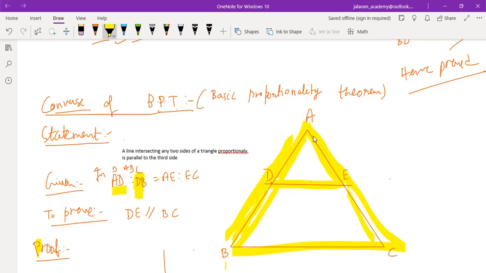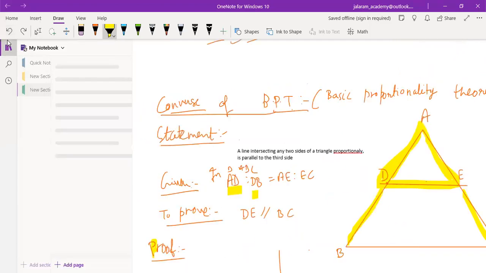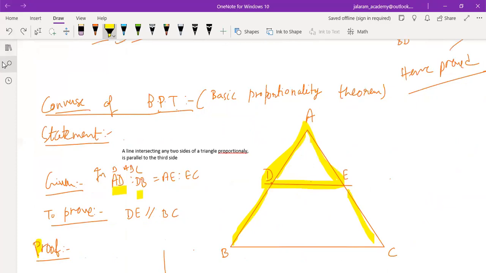And if we add AE and EC, it gives AC. So we can use invertendo and then componendo, that is, convertendo. Do you all know the meaning of convertendo, invertendo, componendo? This we have discussed in the topic ratio and proportion.